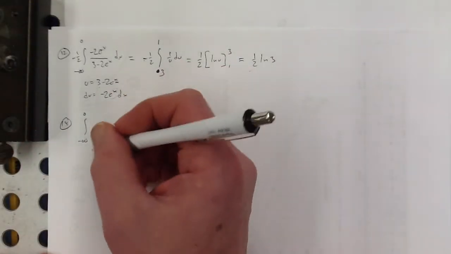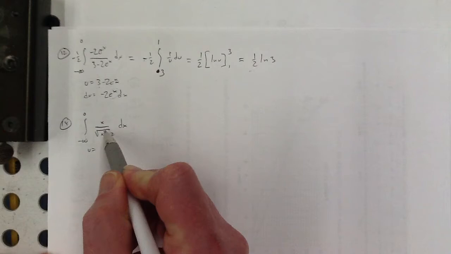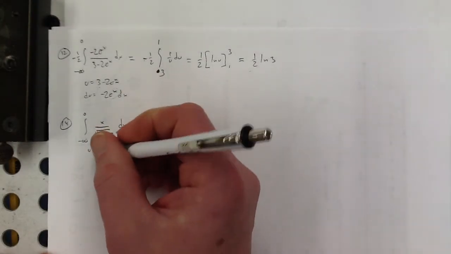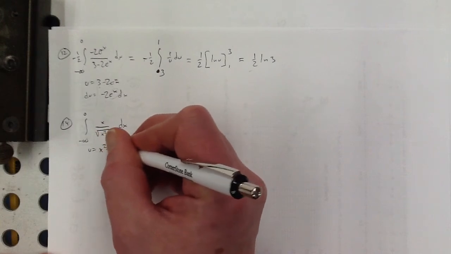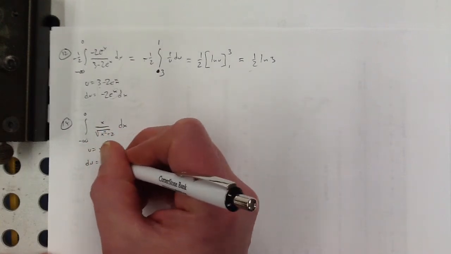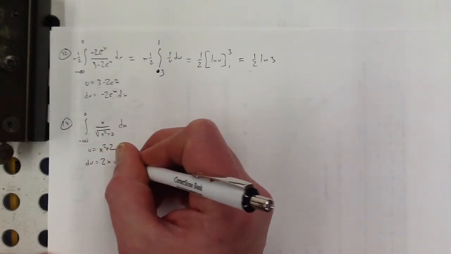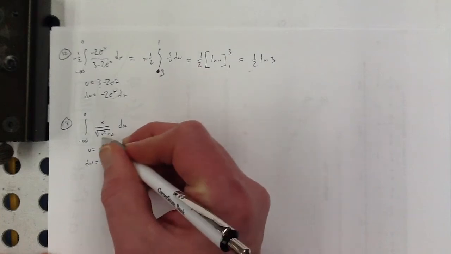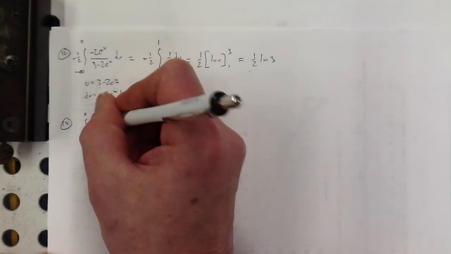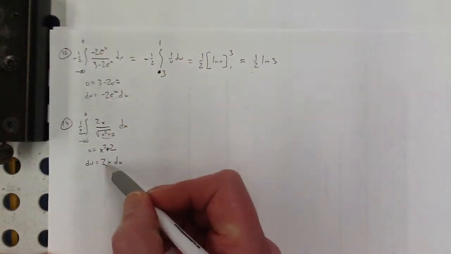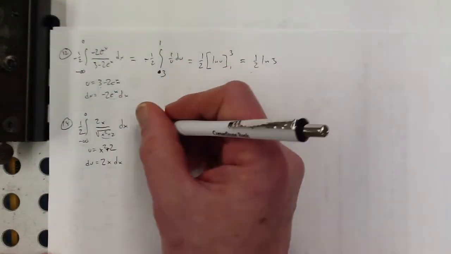So let's see. This looks like a regular old u substitution because I got an x squared here and I got the 1 degree lower there. So remember, when in doubt, you just try what's inside and hope that it works. You need a 2 inside there, balanced by 1/2 there.